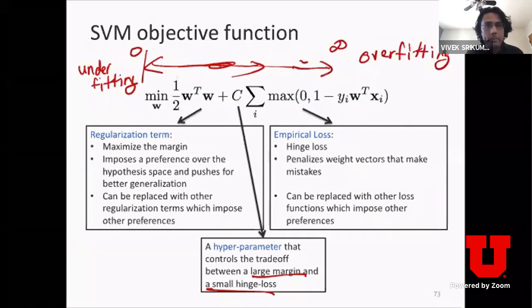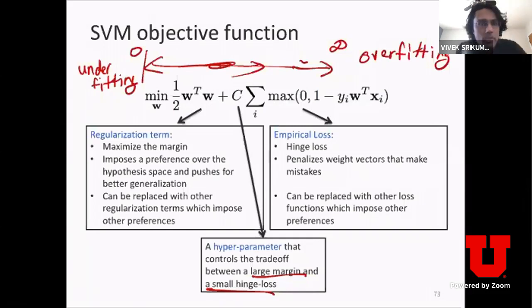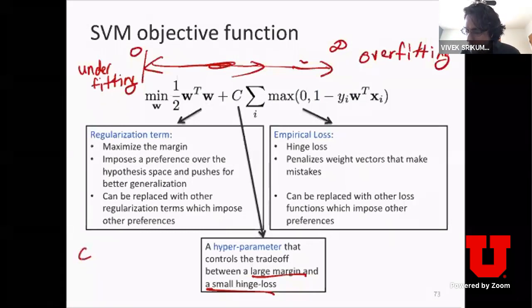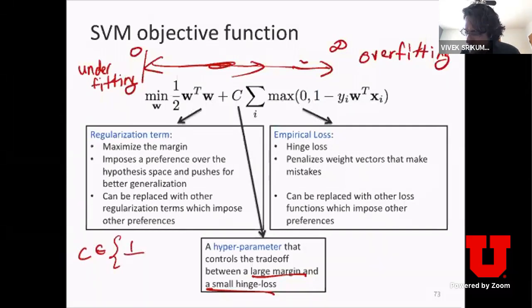What's a good C? I don't know. This is a value that you need to find by cross-validation. Usually, in practice, I've observed that for cross-validating for C, you can just go in terms of orders of magnitude. So for instance, you can check for C inside the set 10, 1, 1/10, 1/100, and so on.